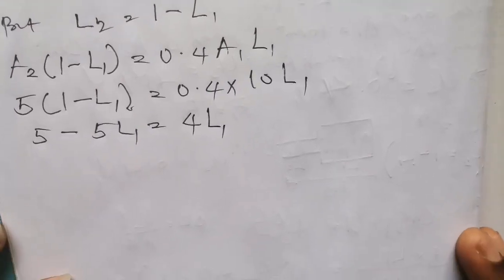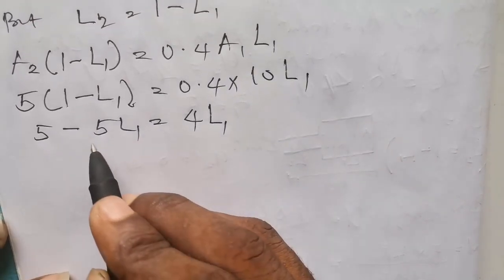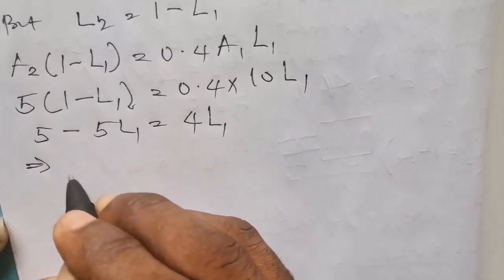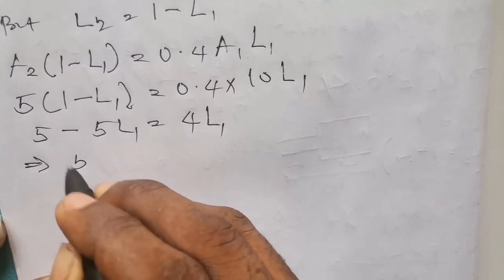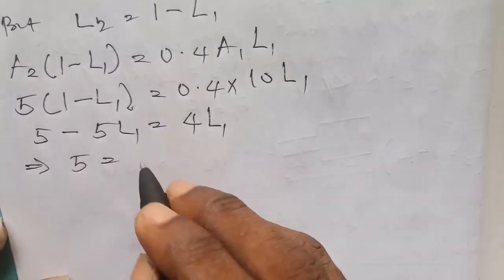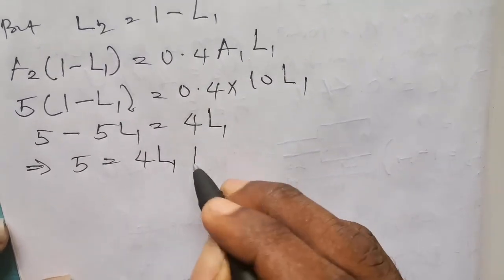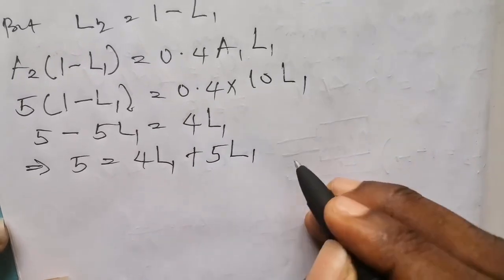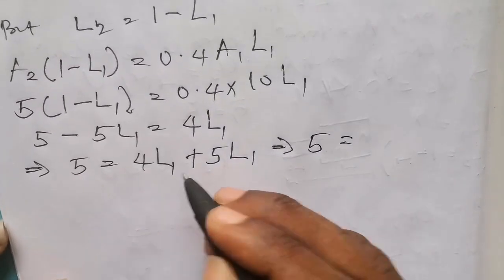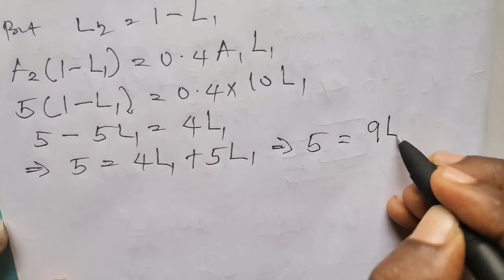At this point, you simply collect like terms, sending minus 5 L1 over here. If the negative sign crosses the equal sign, it becomes positive. So 5 is equal to 4 L1 plus 5 L1, which gives us 9 L1.